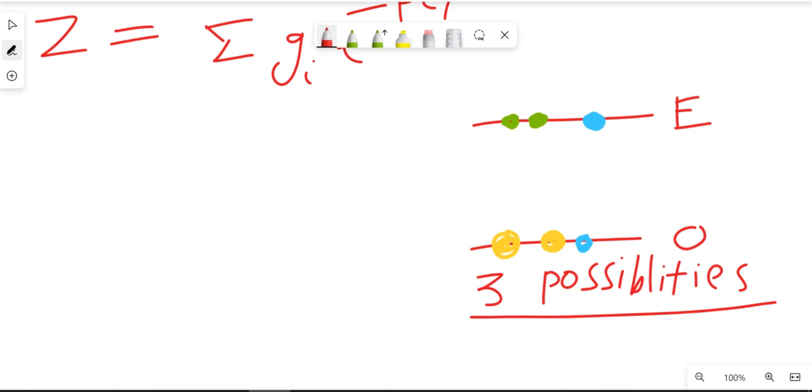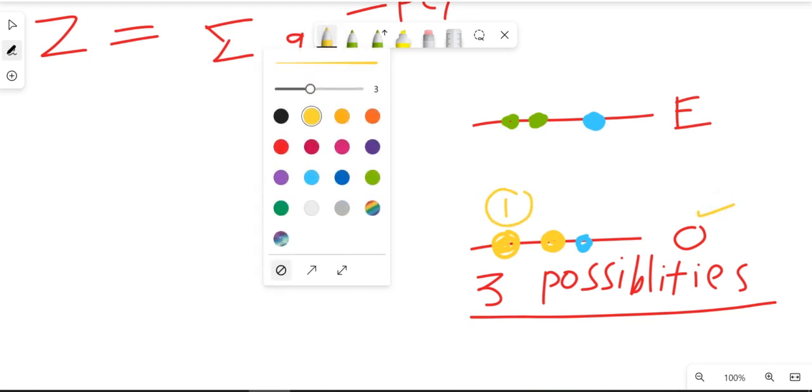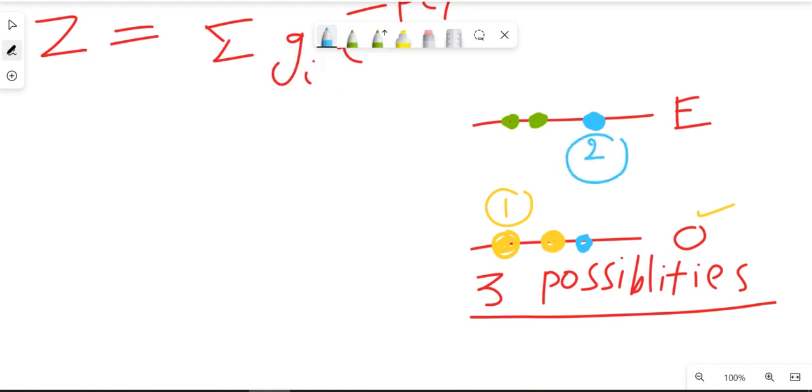The yellow color shows the first possibility, that both bosons stay in the ground state. The blue color shows the second possibility, that one boson stays in the ground state and another boson stays in the E energy level. And the third, shown by green color, is that both bosons stay in the E energy level.